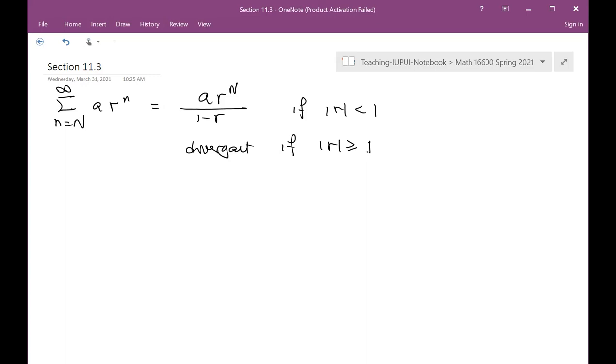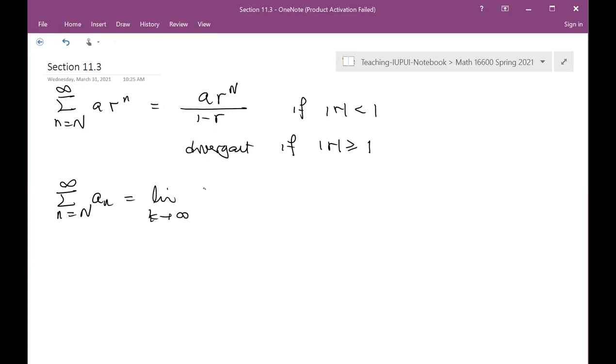We also know that in order to check whether it's convergent from the definition, this is by definition the limit of the partial sum.